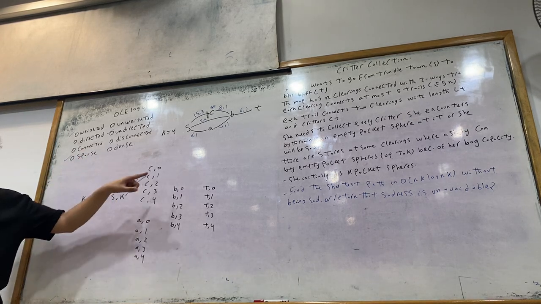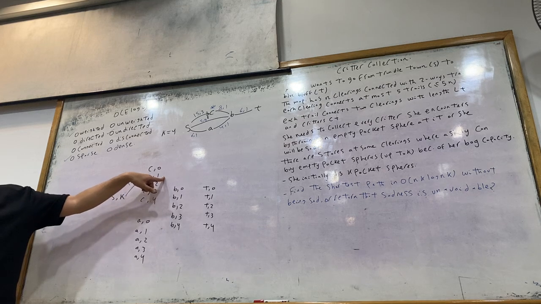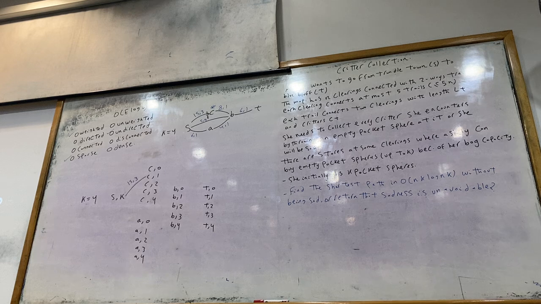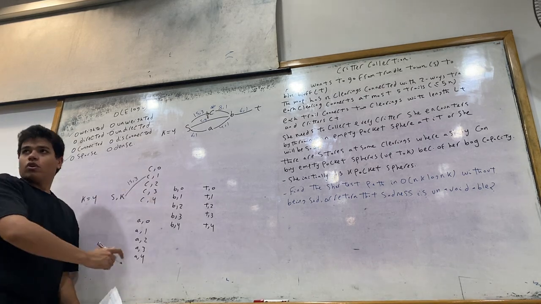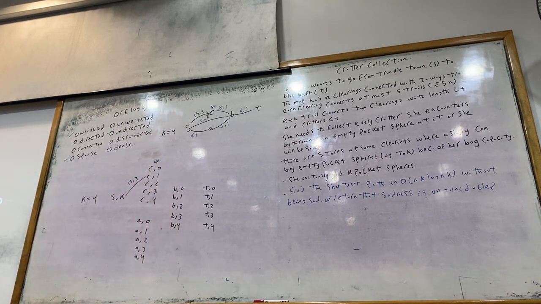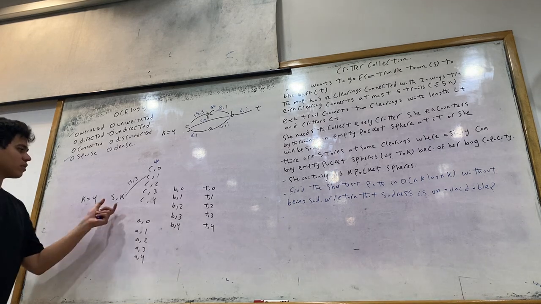So I will be left with only 1 sphere. So this is a valid state. Why? Because it's not negative. It means that I can collect any critter that I encounter, because the sphere is more than the critters till now. Okay, here, luckily, I have a store, so I can refill again all of the spheres to K. That's right?